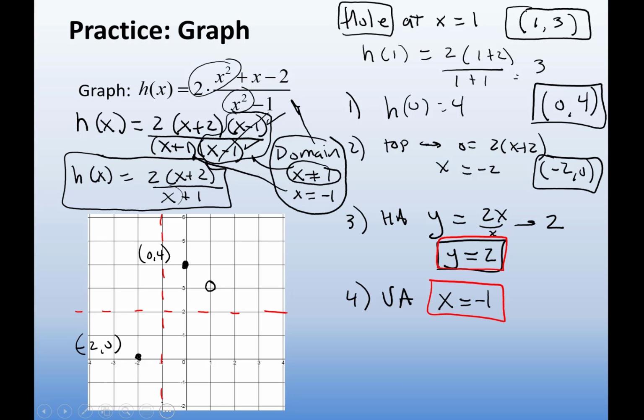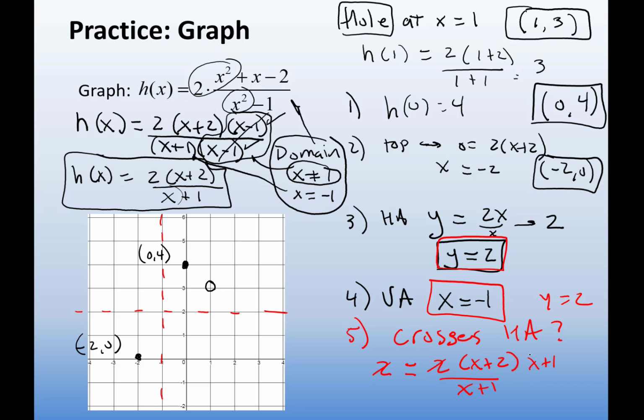And I should do one more. Let's talk about crosses. Does it cross the horizontal asymptote? So I'd have to solve for y equals 2. So I'd put 2 into the equation and solve that. And I got to go fast now. I can divide both sides by 2. Let's multiply by x plus 1 also on both sides. Sorry, I'm doing a lot of steps here because I'm running out of time.